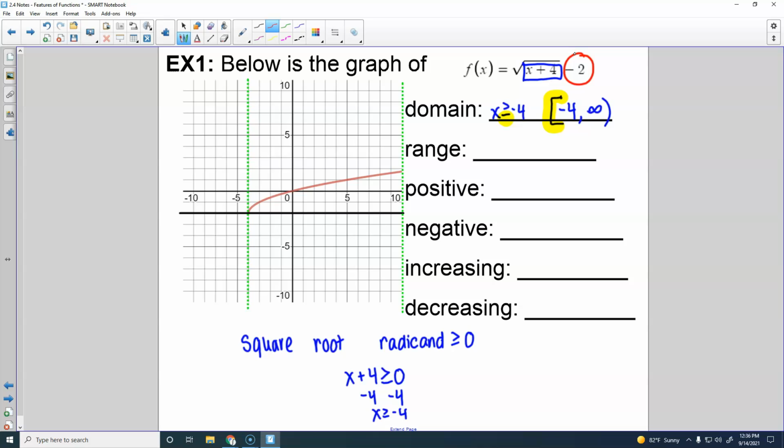Now, in this particular case, we've moved this graph down 2. So the very lowest point I can have on the graph right here is at -2. And then it goes up, up, up forever. So that's going to go to infinity. So I would say -2 to infinity. I think the graph is a little more helpful here than necessarily the equation.